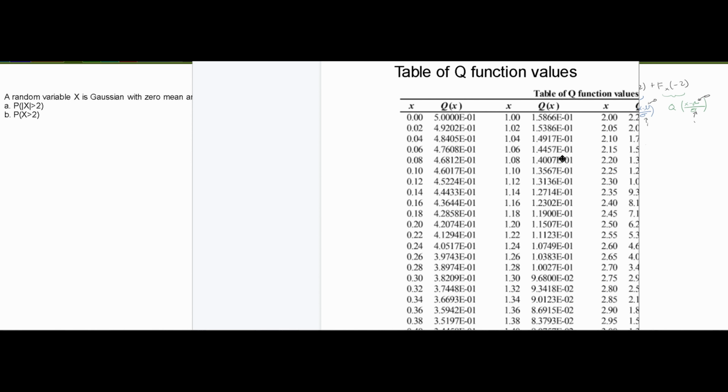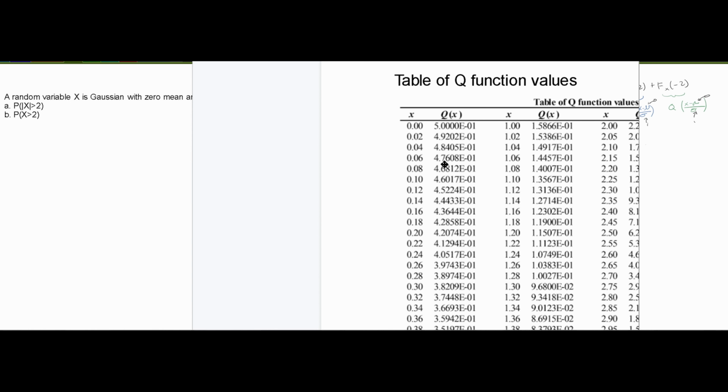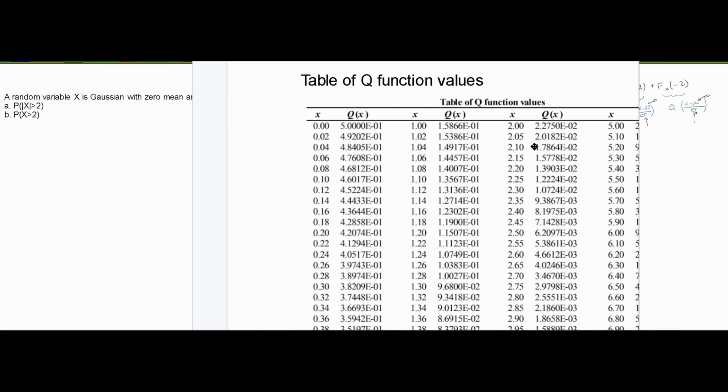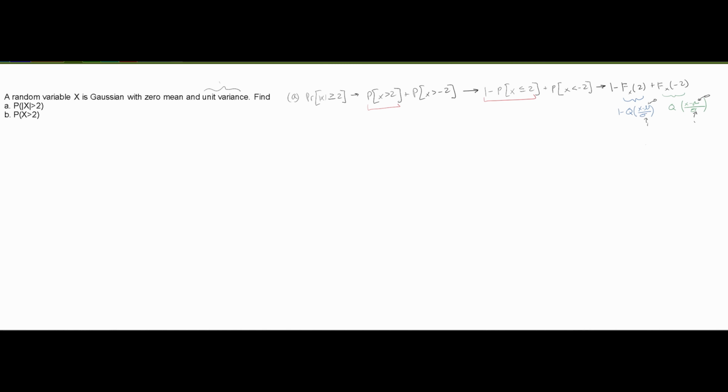When x is 2, it's going to give us a Q of approximately 0.022, and then we could round it to 8 if we wanted to, but we can leave it off at 7. So essentially here, if we plug in our Q, we have 1 minus 0.0227, and then this one is just going to be 0.0227 here.